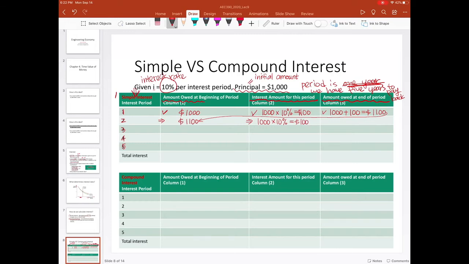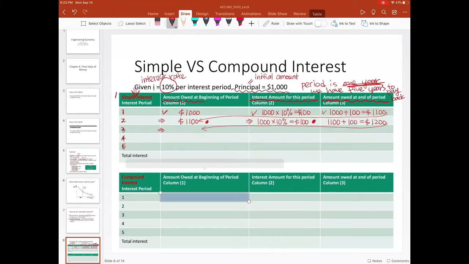Then the amount owed at the end of the second year will be how much you owe at the beginning, plus the interest. So it's 1,100 plus 100, which will be $1,200.